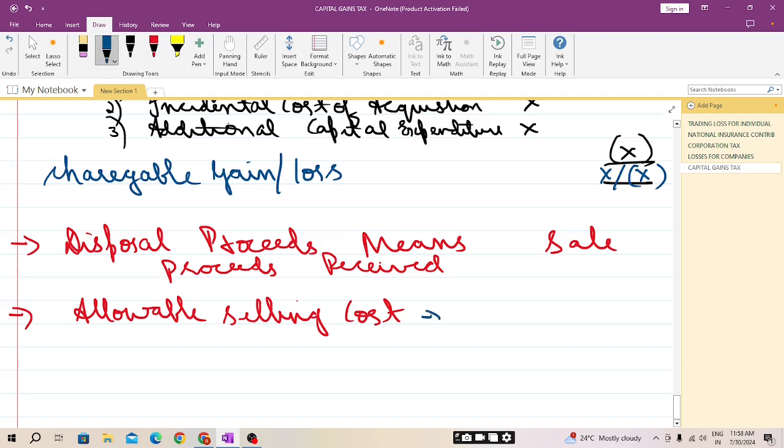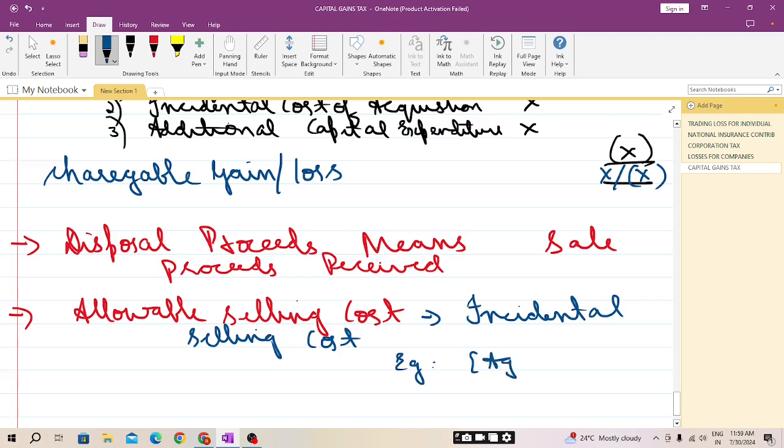This will include the incidental selling cost, for example, agent fees or auction fees. For the auction we have paid some fees. These are examples of the auctioneer's fees.